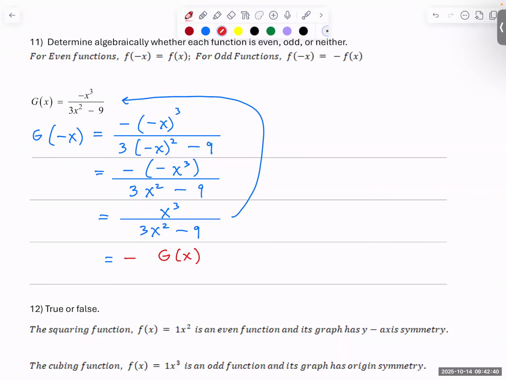Therefore, g of negative x has been shown to be the opposite of g of x, and thus, by definition, function g is an odd function. So in conclusion, function g has been shown to satisfy the definition of an odd function.